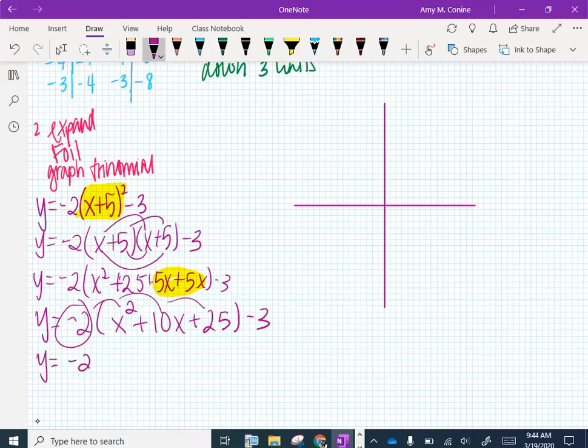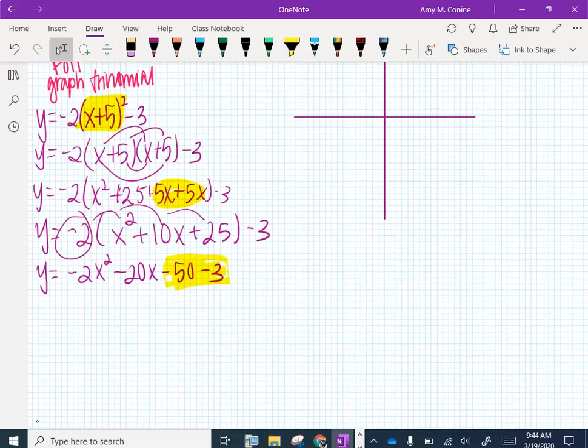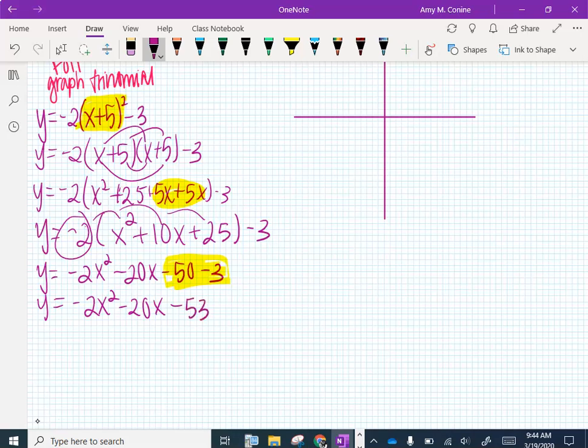So I've got negative 2x squared minus 20x minus 50, and I still have this minus 3, and I can take those 2 because they are constants. They do not have a variable. I'm going to put them together. So I have this trinomial right here, the negative 2x squared minus 20x minus 53.